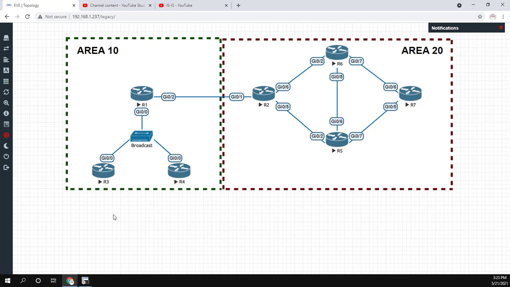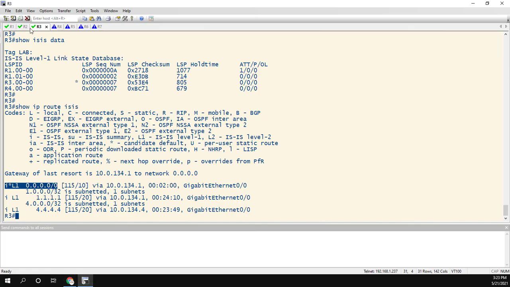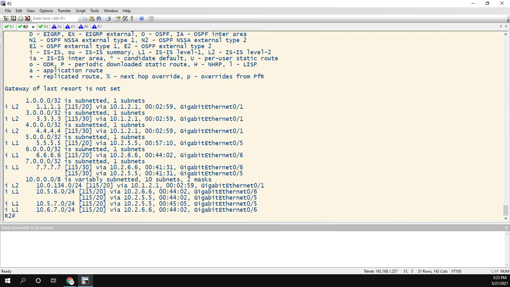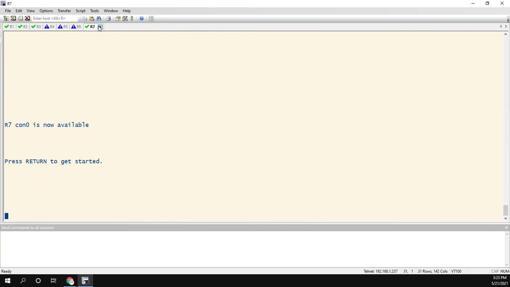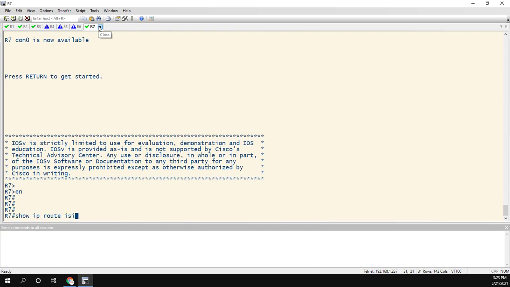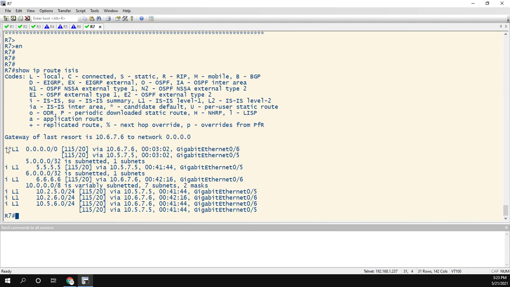Right? If we go to router 2, show IP route ISIS, I see router 3's loopback and router 4, but they're level 2 routes. And if I go to router 7, I should just see a default route. Which I do.